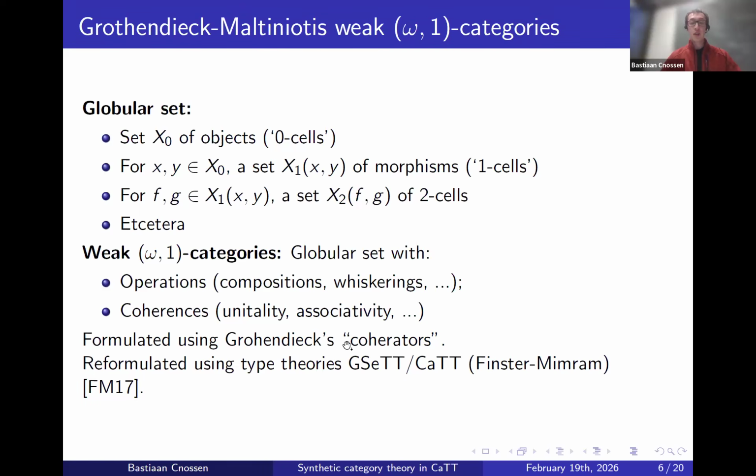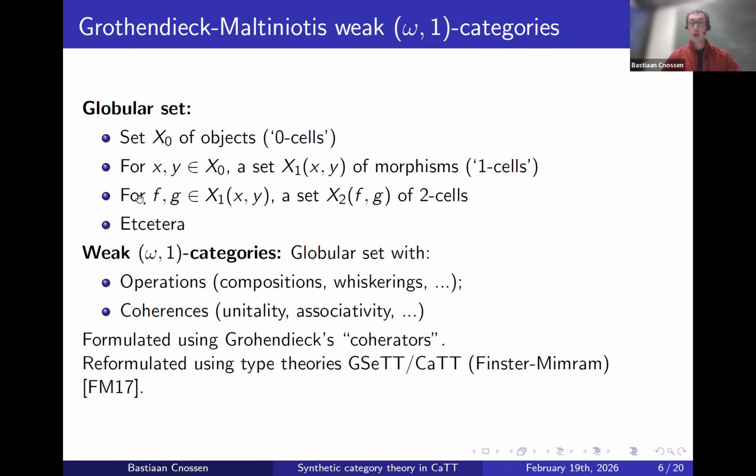The precise formulation of these coherators is a little bit tricky maybe, and it's also not really relevant for the purpose of this talk, because it turns out there is a very elegant reformulation of this in type theoretic language. So there are these two different type theories, GSET and CaTT, that describe these two steps.